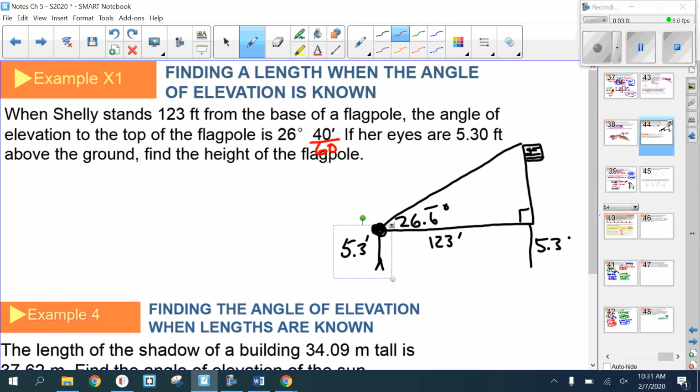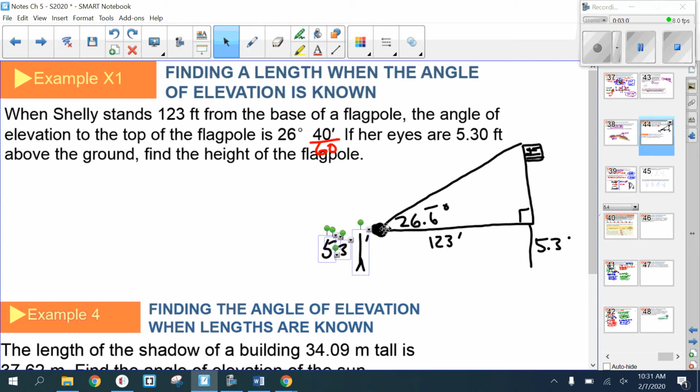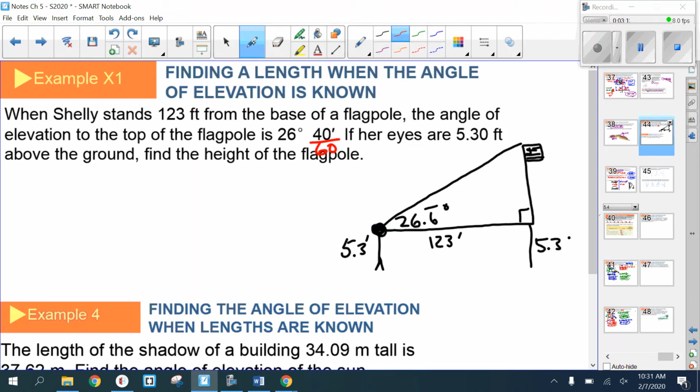Oh no, I just decapitated poor Shelley. The key is you've got to notice a right triangle. I want to know this number right here. That number isn't technically the height of the flagpole because there's going to be an extra 5.3 feet, but we'll deal with that later. Let's just look at it as far as the triangle goes.